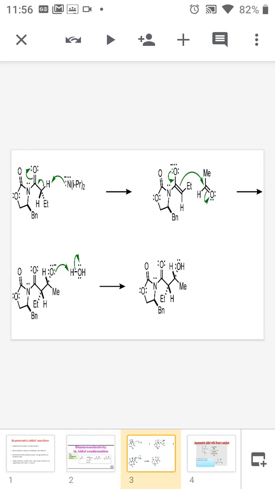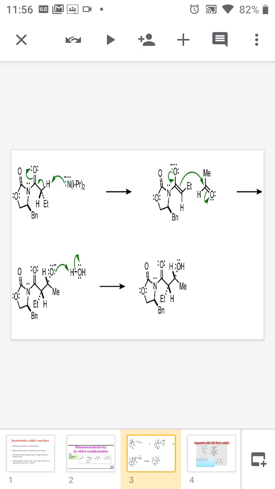See here, the chiral auxiliary is a heterocyclic ring which is added to a ketone, and here the base is N(iPr)2 minus, and it will pick up one of the hydrogens and readily form an enolate. Since the chiral auxiliary is attached to the enolate, it is sterically hindered.